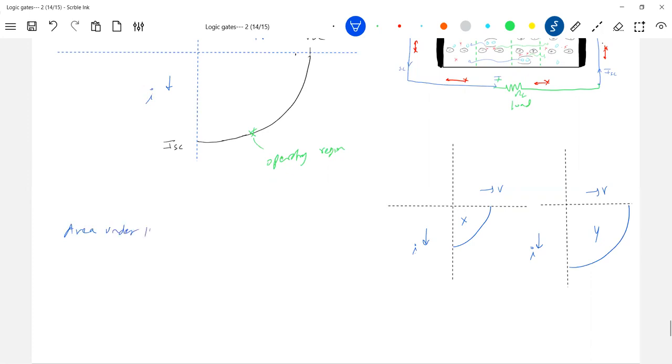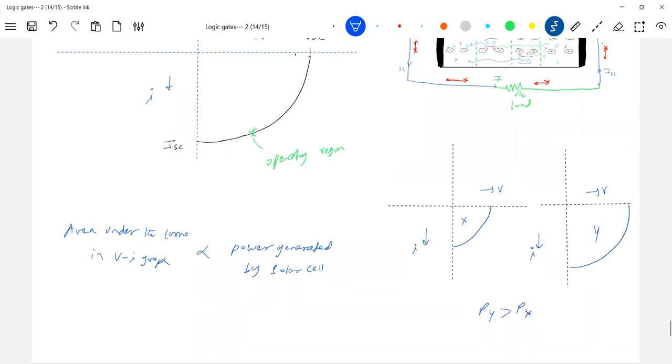Area under the VI graph curve is proportional to the power generated by the solar cell. So this one has more area. Therefore Py is greater than Px. So which solar cell will generate more power?